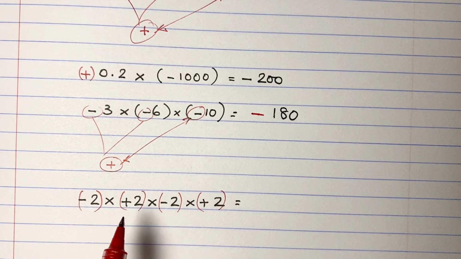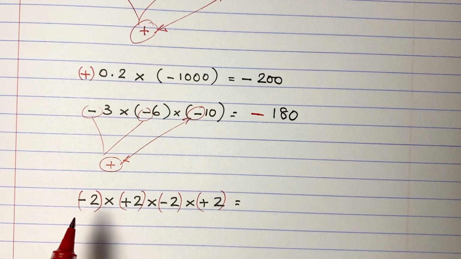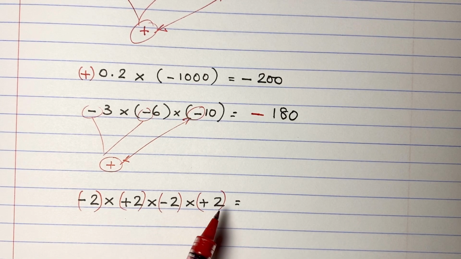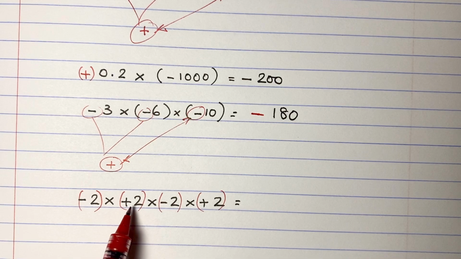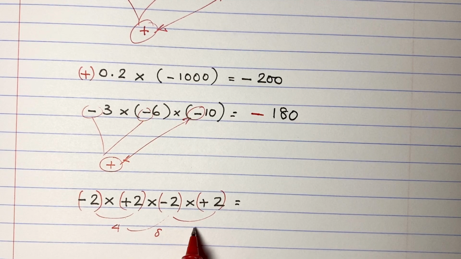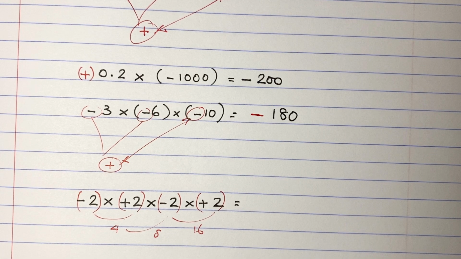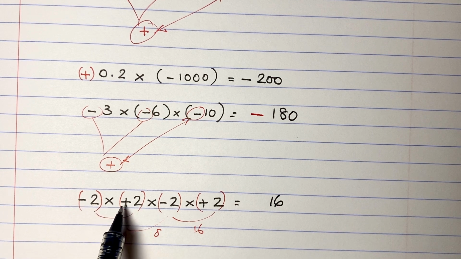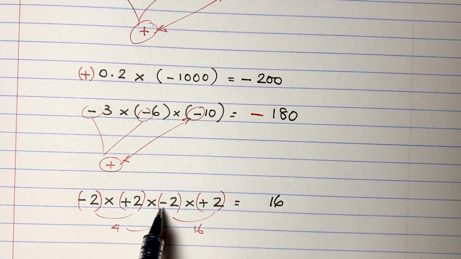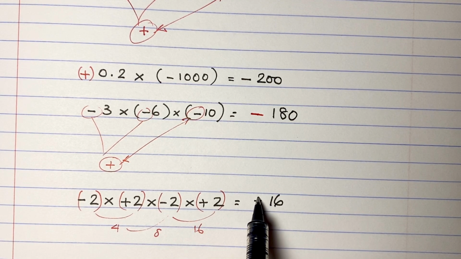So this time let's go for the digit now. We have 2 times 2 times 2 times 2 is not 8. 2 times 2 makes 4. 4 times 2 makes 8. And 8 times 2 makes 16. So the answer is 16. The sign. Negative times positive, negative. That negative times the next negative is positive. And this positive times the next positive is positive 16.